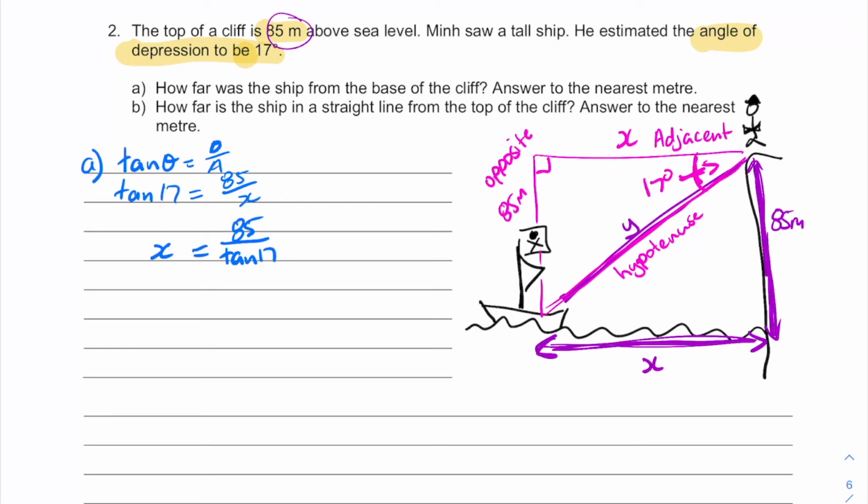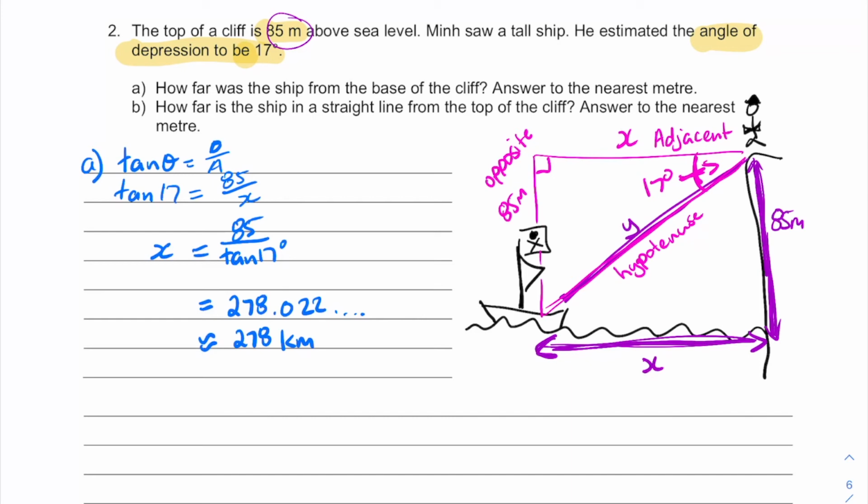Okay, type that straight into your calculator. Okay, and you're going to get 278.022, couple of dots off. Now we do need to round off. Okay, we're going to round off this particular problem. It's going to be to the nearest meter, so just 278 kilometers.